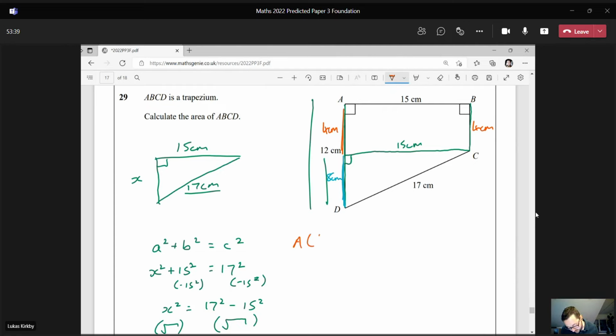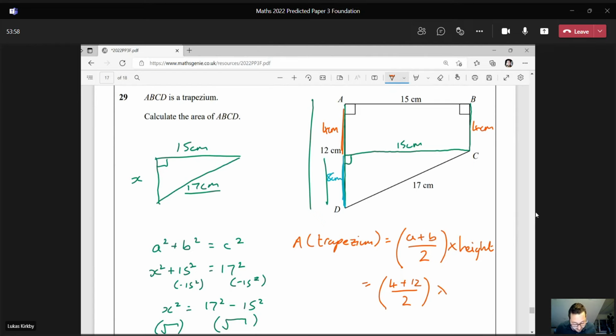So area of a trapezium is the average of the parallel sides, so A plus B over 2 times height. Our A and B are 4 and 12, and our height is, well, how long it is.